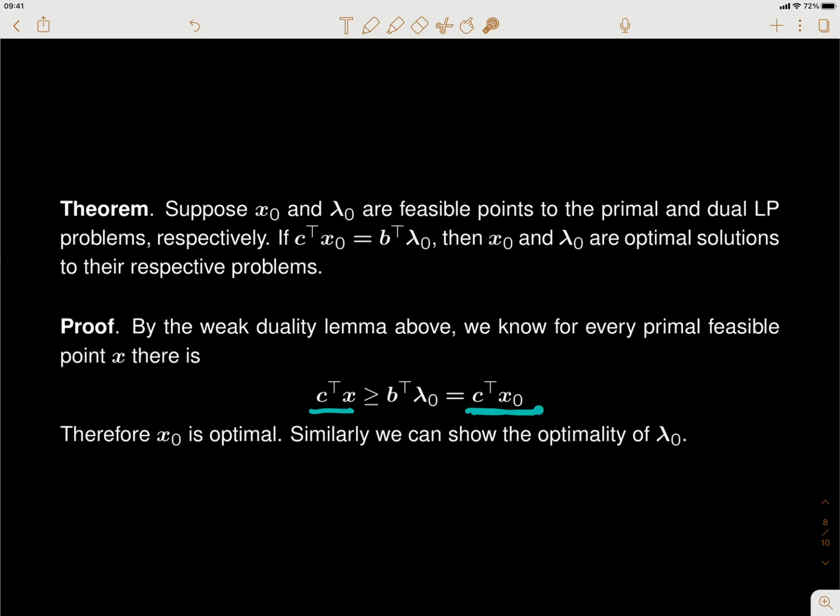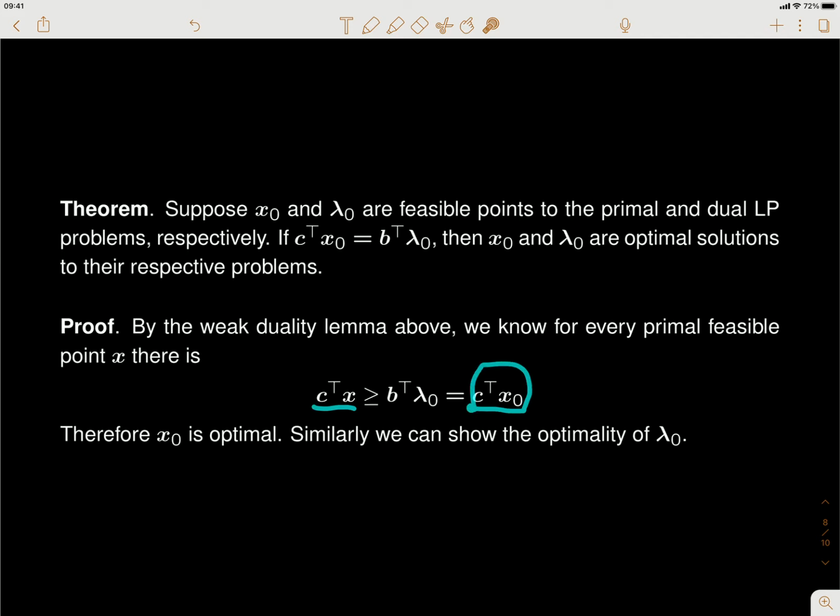Now what this says is that x is any feasible point, and x0 is a feasible point. We showed that when you plug any feasible point into the objective function, you get C transpose x, which is greater than or equal to the objective function when you plug in x0.